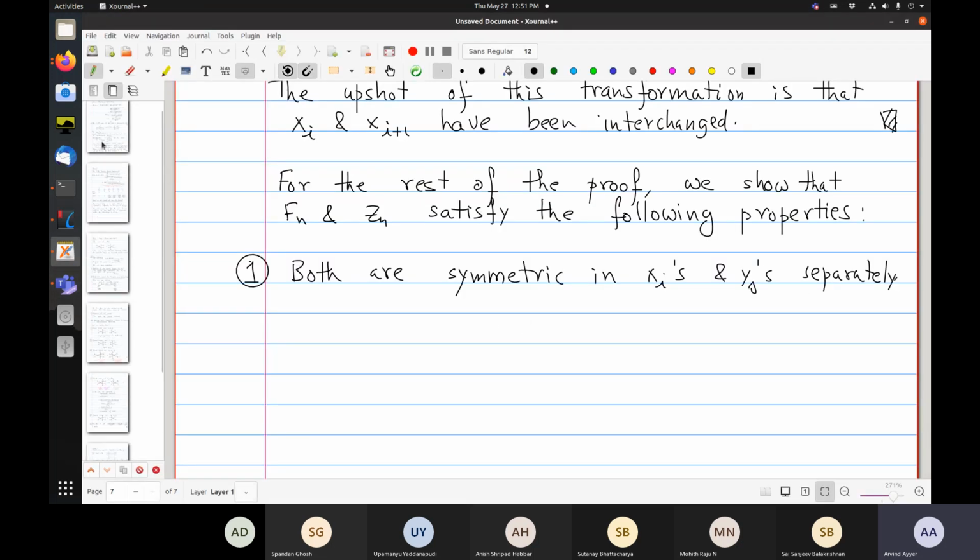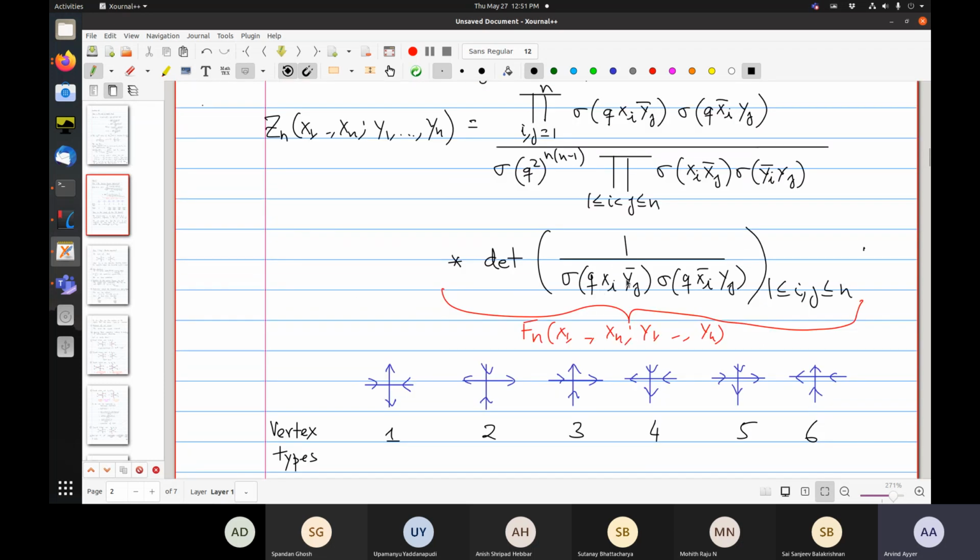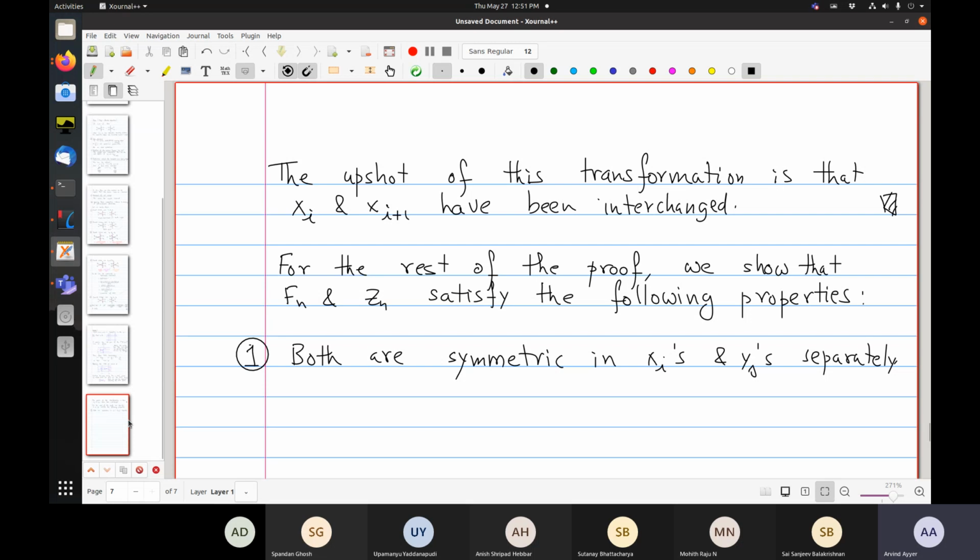For Fn, it's a matter of converting rows to columns, and maybe some minor regularity, but nothing deep. Secondly, both have degree 2n minus 2 in x1.